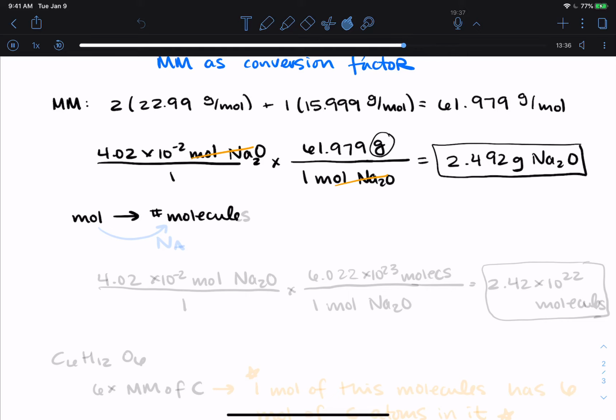I don't have to use the grams value because Avogadro's number lets me go from moles to molecules. So I want to start again with 4.02 times 10 to the minus 2 moles of sodium oxide.